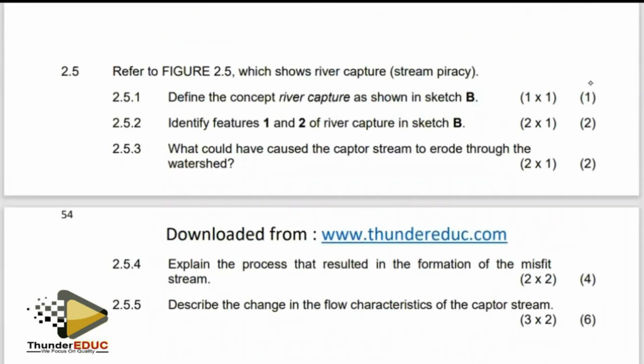Okay, so define the concept river capture, so this is what I say: an energetic river steals headwaters of a weak river. It steals, or you can as well say robs.